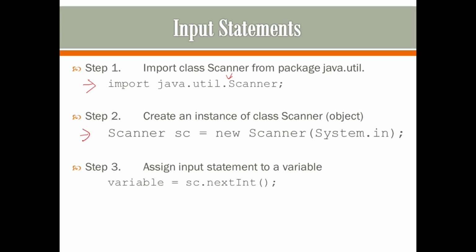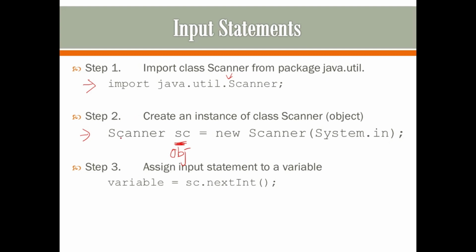Step 2, you need to create the instance of the class Scanner, which we call the object. So sc is what we call the object, like before we used obj. You can create another name for the object of the scanner. So the statement is Scanner sc equal new Scanner in bracket System dot in semicolon.